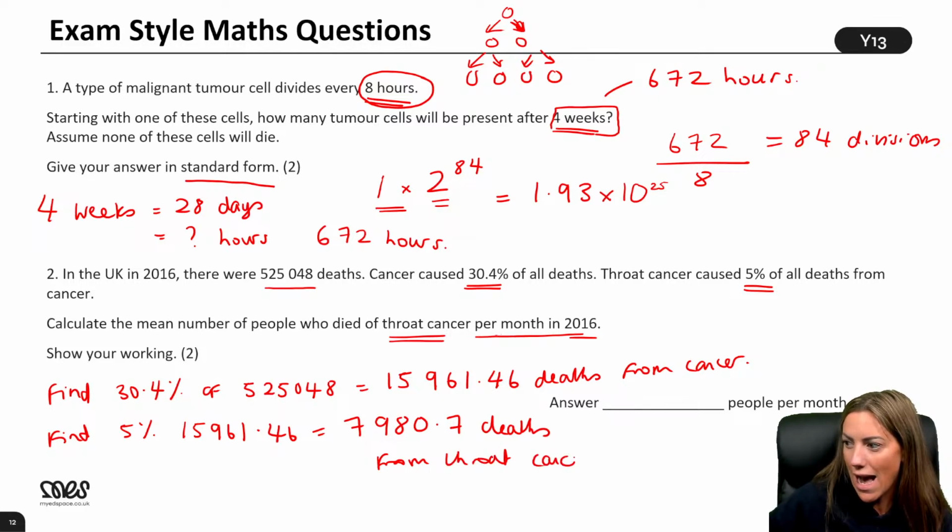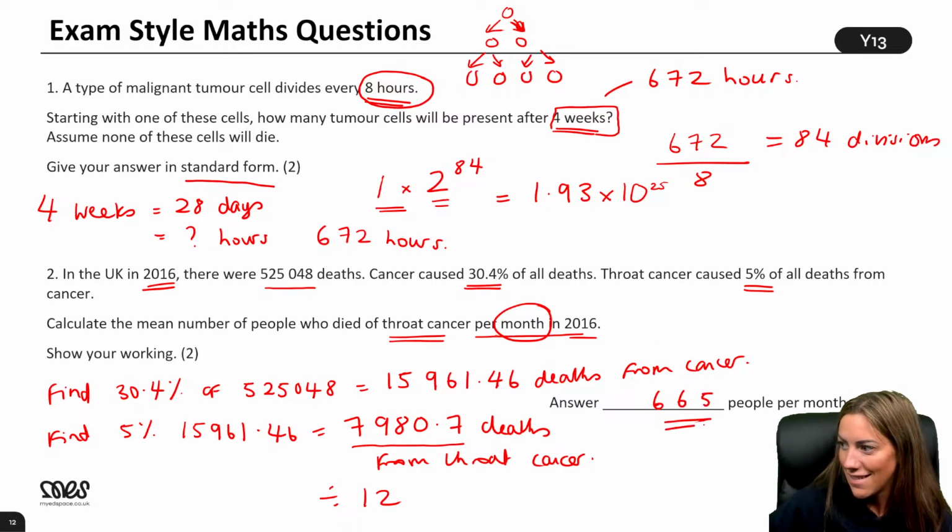So now I know how many people actually died from throat cancer, but that was in a year, right? And I want it per month. So I'm going to divide that by 12. Am I doing this right? Yeah, well, I'm getting the same as you. 665.